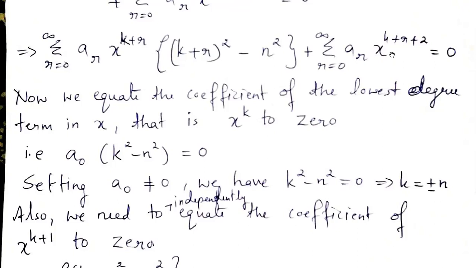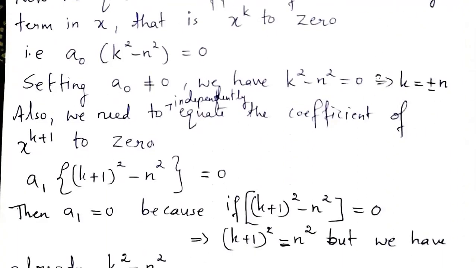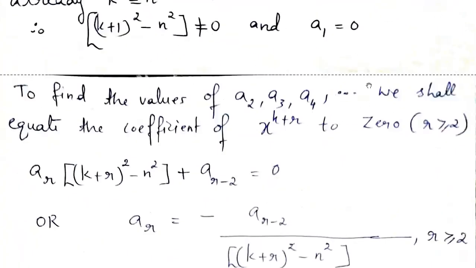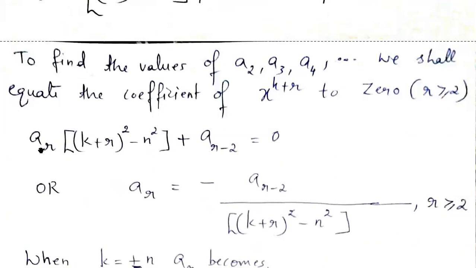So if you take all the terms together, the coefficient of x power k plus r will be ar into (k plus r) whole square minus n square plus a(r minus 2) equal to 0. This is obtained by taking the first term, and by replacing r by r minus 2, you get the coefficient of x power k plus r from the second term.